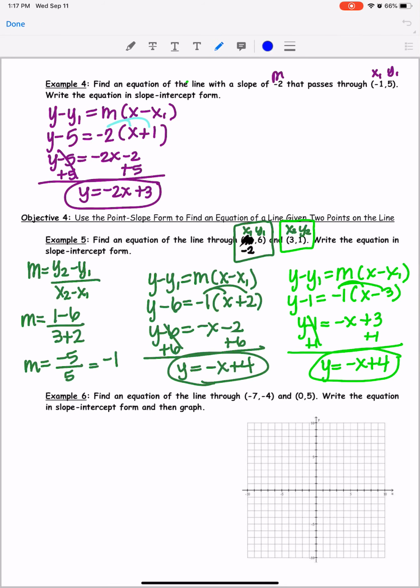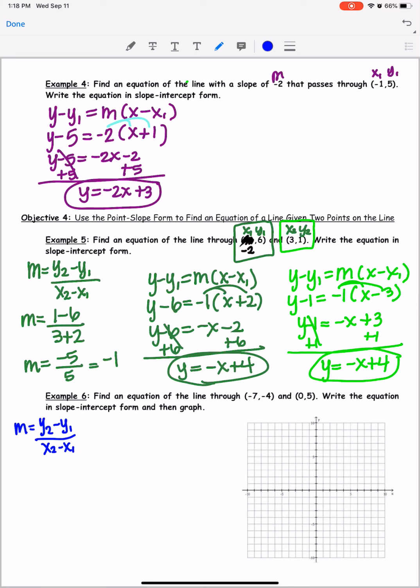Okay, example 6, let's try this again. It says to find the equation of a line passing through these 2 points, write the equation in slope-intercept form, and then graph. So again, I'm given 2 points but no slope, so we've got to find the slope first. So your slope is y2 minus y1 over x2 minus x1.